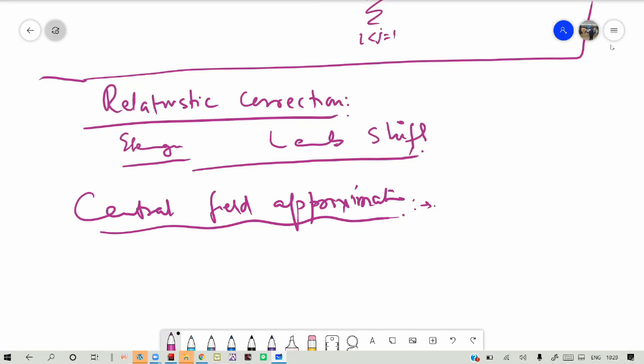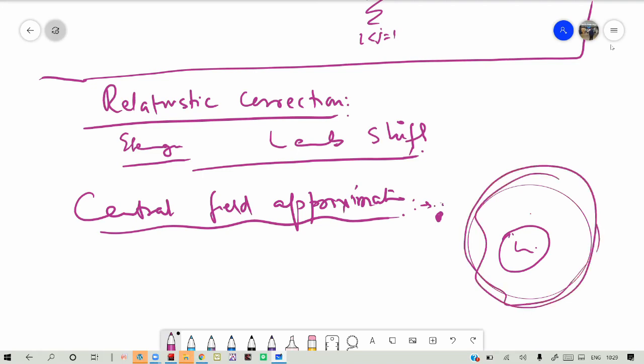In this central field approximation, each electron is treated as if it were moving independently. That means an electron moves in a spherically symmetric potential. If this is a nucleus and here is the electron we are considering, this electron will move independently. It will not be affected by any other sources near it, but only by the spherically symmetric potential.